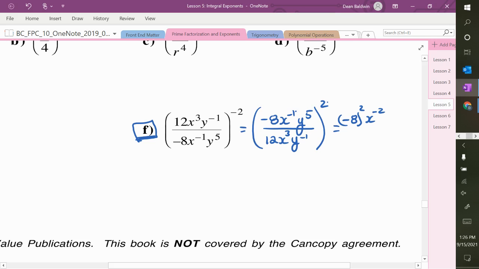You multiply them, right? So you get x to the negative 2. Y to the power of 10, over 12 to the power of 2. X to the power of negative 6, y to the power of negative 2. Is everybody okay with that?